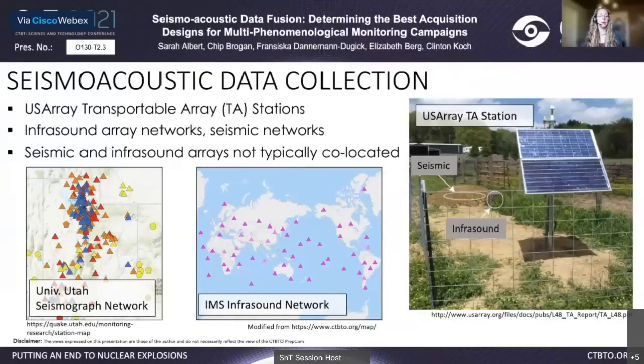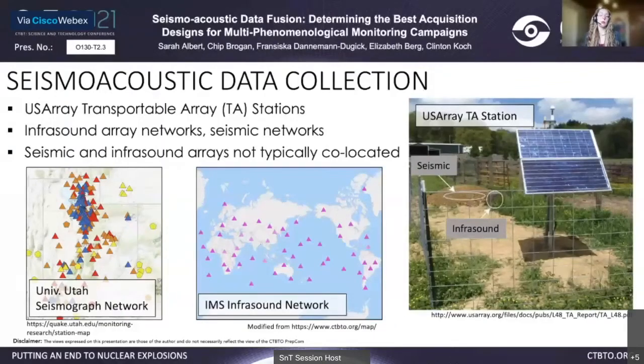So here on this slide, we have a figure of the University of Utah seismograph network, where there are seismic stations spread throughout the state of Utah. There's also the IMS infrasound network, which is a global infrasound array network that can sometimes be used for seismoacoustic fusion, but the problem is that these stations are pretty far spread apart.